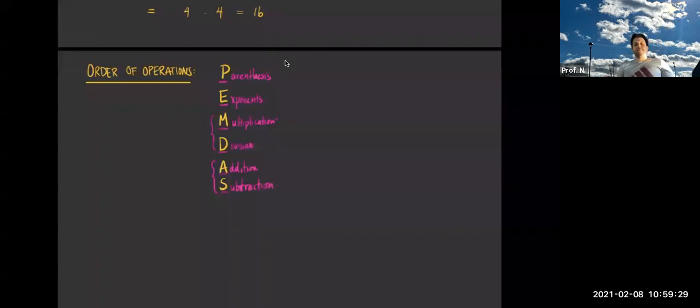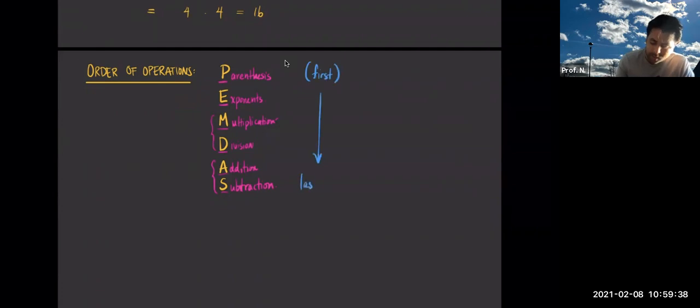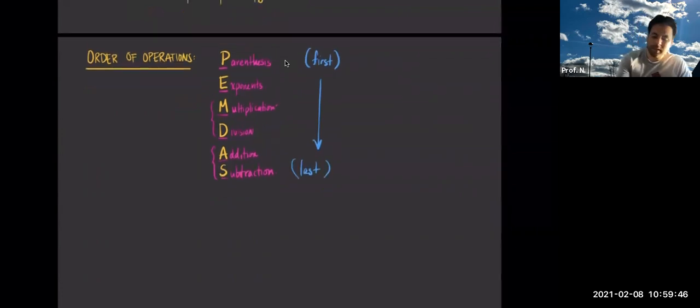So parentheses is the first thing we do, and then we go to the last thing we do. That's also very important to keep in mind. Okay, so let's see how we can evaluate certain expressions understanding this.